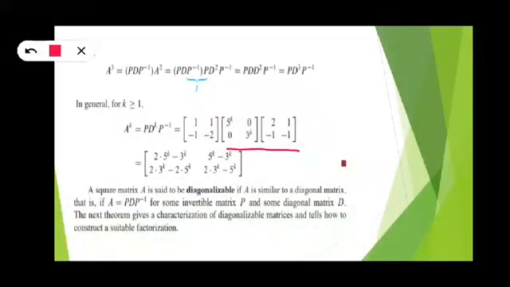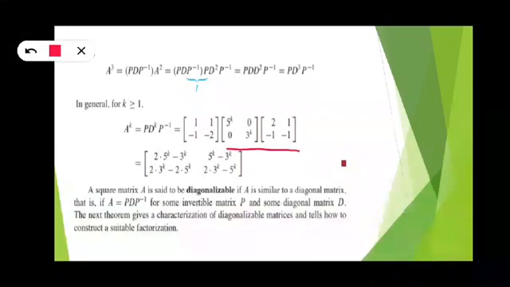So 5 power k into 2, it will be 2 into 5 power k, 0 into minus 1 is 0. 5 power k into 1 is 5 power k. Next 0 into minus 1 is 0. Next 0 into 2 is 0, 3 power k will be minus 3 power k. Next 0 into 1 is 0. 3 power k into minus 1 will be minus 3 power k.